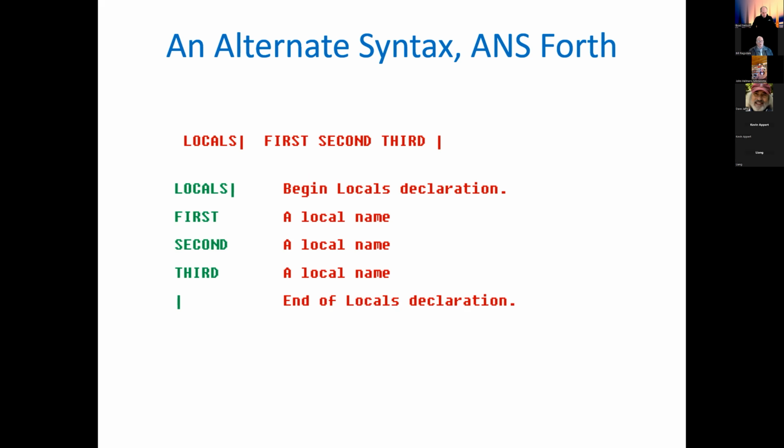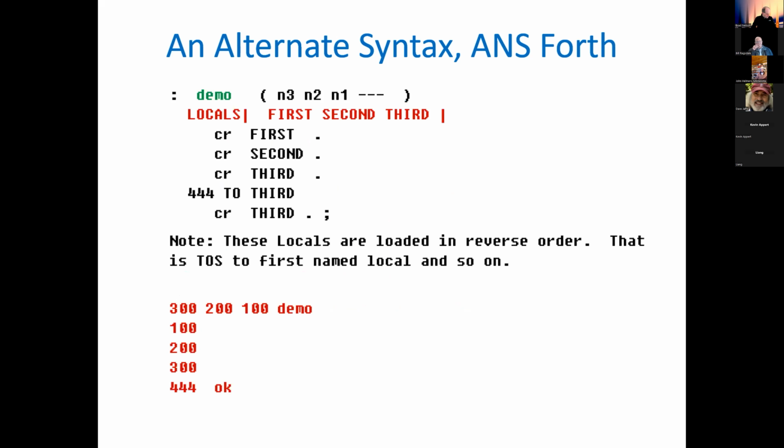So we see in the explanation there, the locals bar begins. We define named values, first, second, and third, and then end the declaration. It's a little more direct, a little simpler. I believe Andrew used the very same components in implementing this as he did on his preferred version.